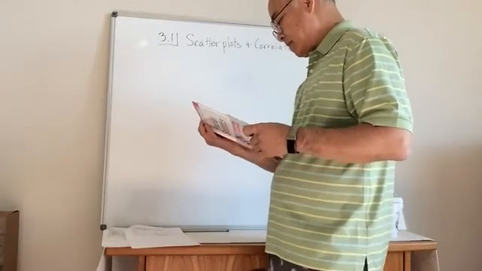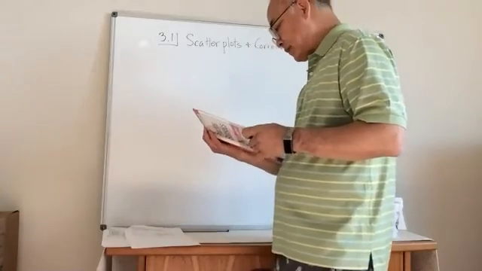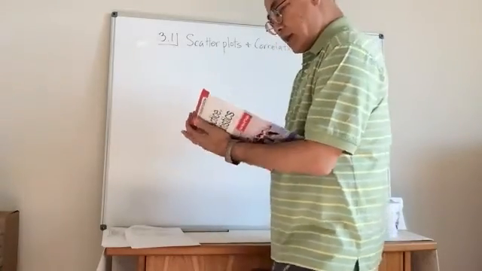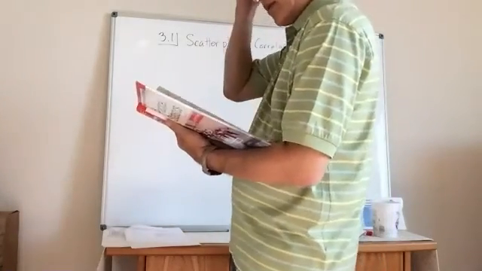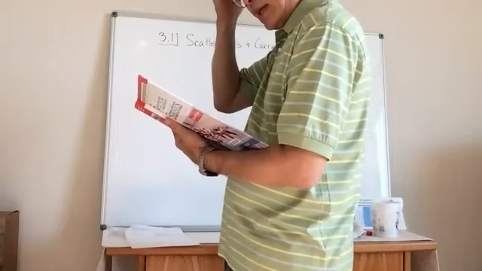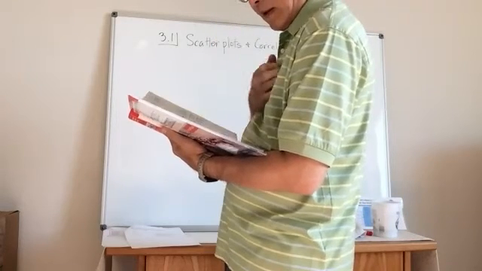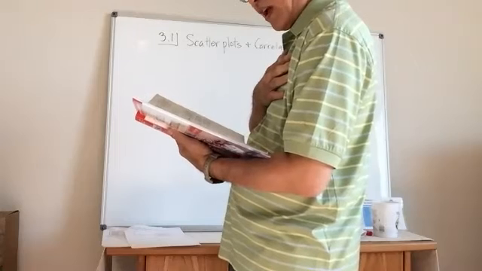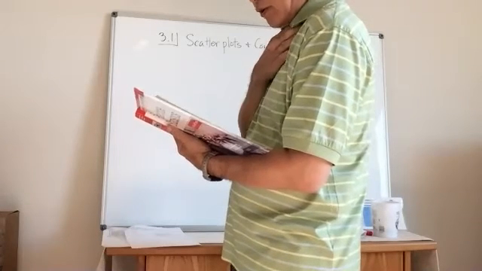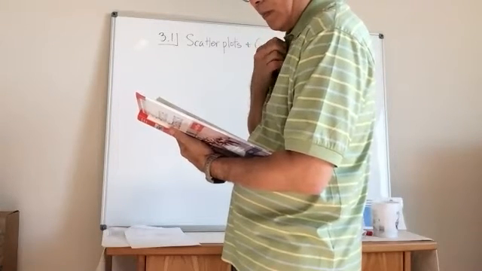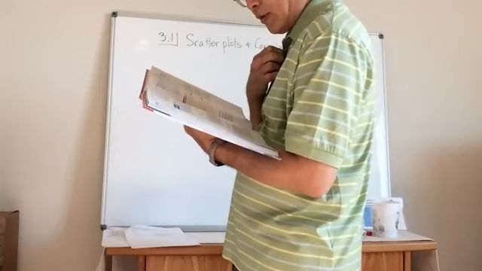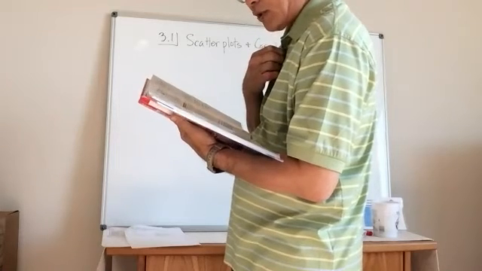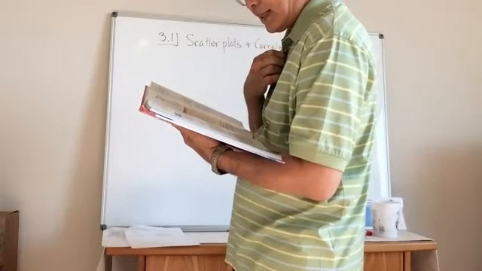That makes sense. Let's go to the example. There's Old Faithful and Fertility. On the left you have Old Faithful, the duration versus the interval. On the other one, you have the average income versus fertility rate.